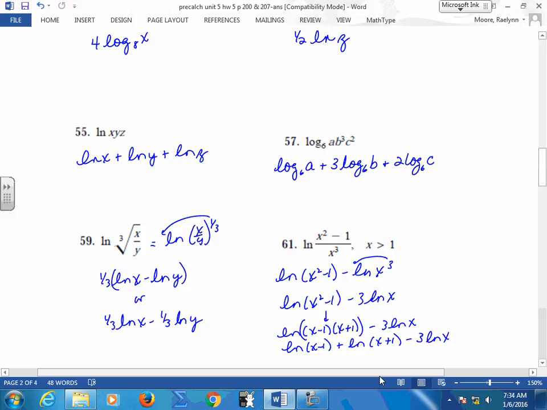You did separate them on number 61. I did? You don't have to. But if you did, would you have to put the 2 ln x plus 1 and x minus 1 in parentheses? You would just leave this in parentheses.